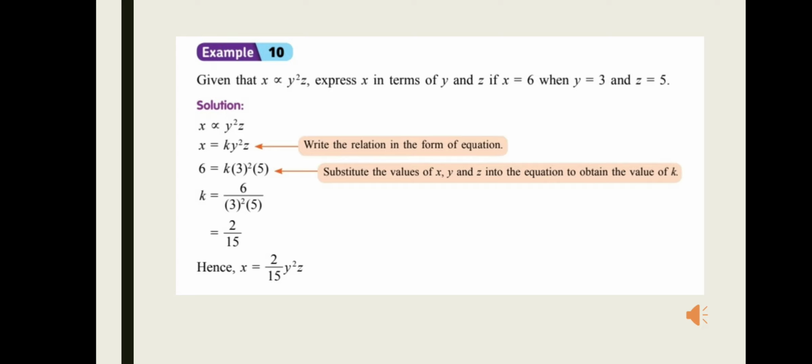Substitute the value of x with 6, y with 3, and z with 5. After we do the calculation, we gain k is equal to 2/15. Hence, x is equal to 2/15 y²z.